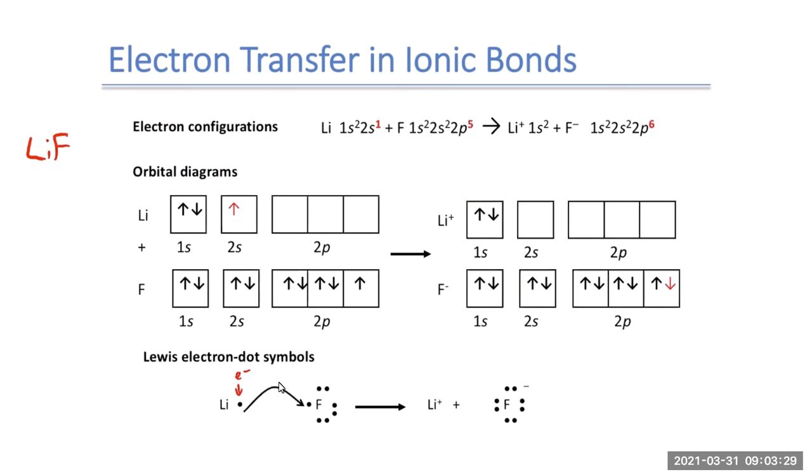Which means when this 1 electron gets transferred over, look, we don't draw any dots around the lithium. It doesn't have any valence electrons now. Fluorine has 8 dots around it. It has 8 valence electrons. And we're going to see these Lewis electron dot symbols a lot in the very near future when we start drawing our Lewis structures. But this is what each of the dots represents, a valence electron.